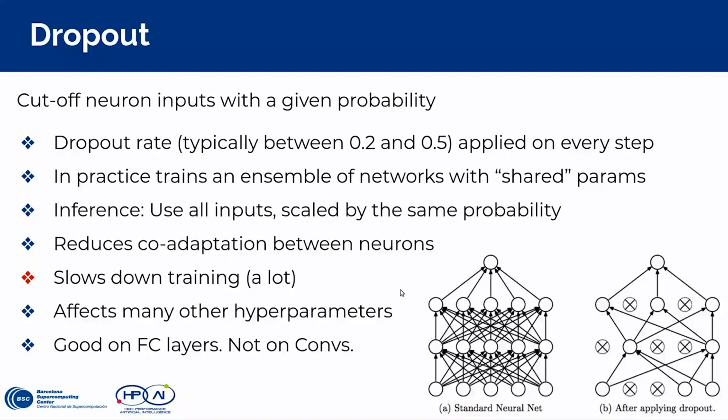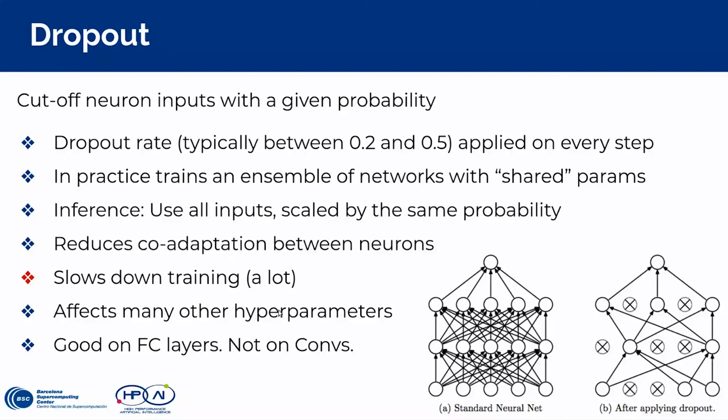It decreases overfitting, it delays overfitting significantly, and you can get better performance in the validation and the test set. But it also slows down the training a lot, because this lack of co-adaptation makes it very hard to converge. Every time you're doing a forward and backward step, you're training a different network, and getting the whole thing to converge takes a lot of time.